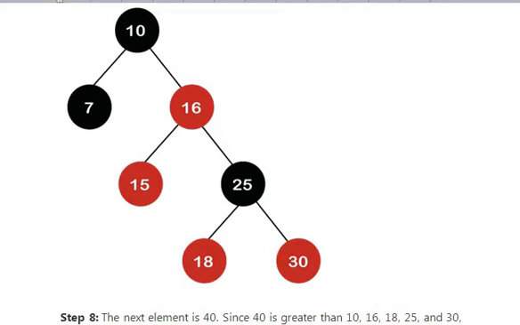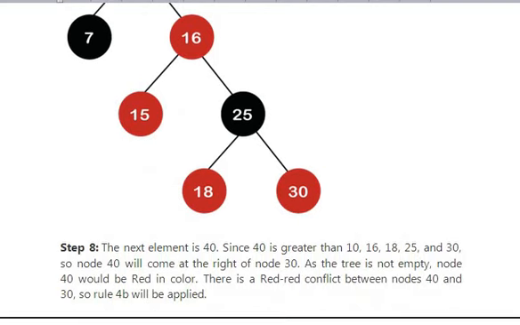and the next is 40, as 40 is greater than 10, 16, 25 and 30. 40 will come at the right of 30. So 40 in red, and we have red conflict between 40 and 30.